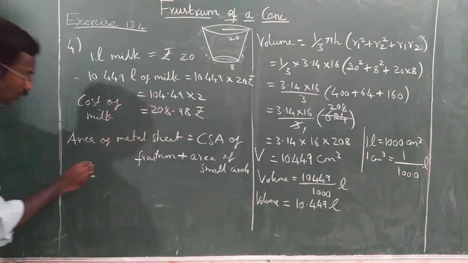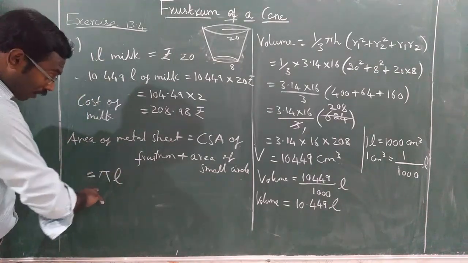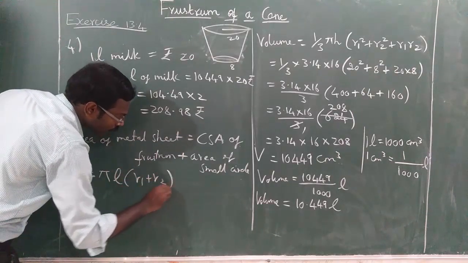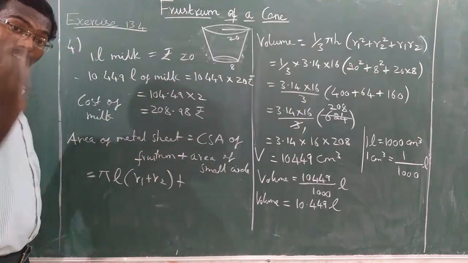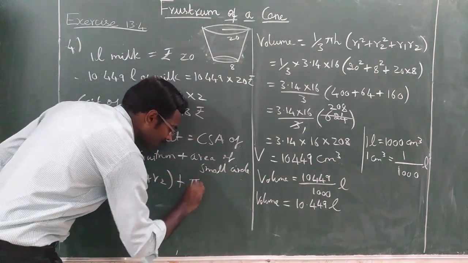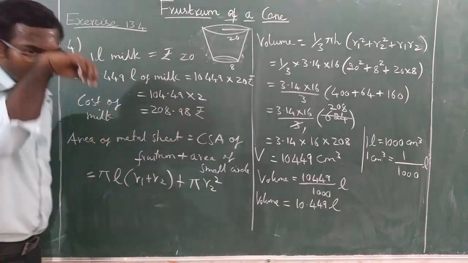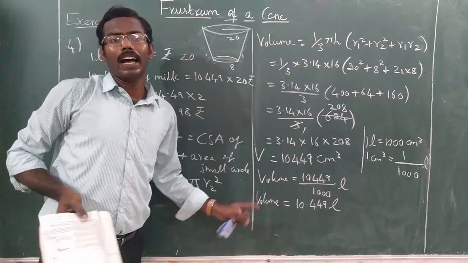Frustum CSA is pi L, R don't write, pi RL, pi L. Instead of R you will write R1 plus R2. This is curved surface area. Then area of smaller circle, normally it is pi R square, area of circle. Smaller circle means pi R2 square. Is it clear or not? Okay. So now we will apply the values, we will get the answer.